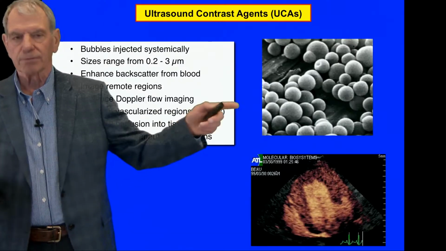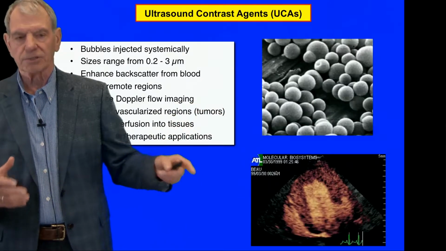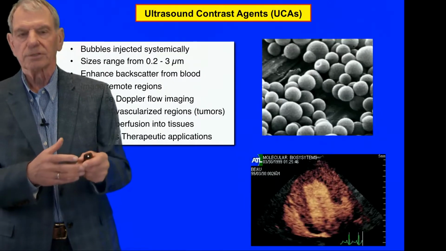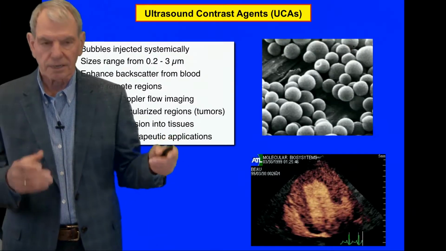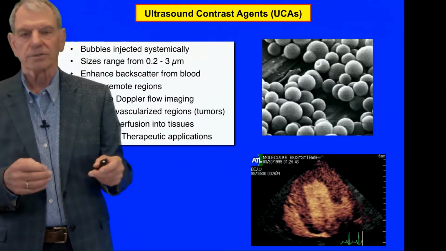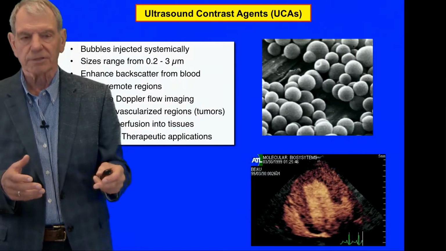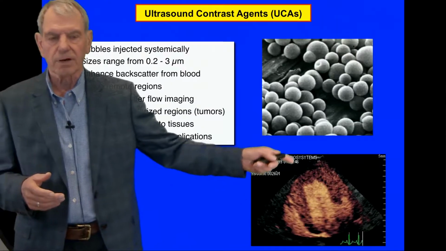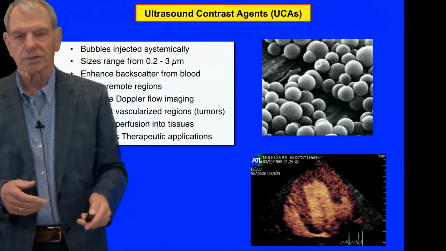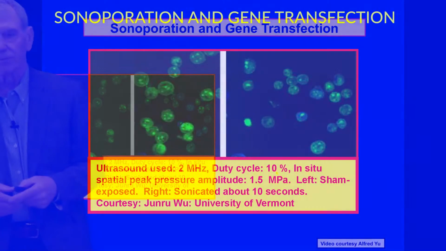Anyway, these bubbles, contrast agent bubbles, can be used to introduce or activate a biological effect in tissue, and then you can monitor this with diagnostic ultrasound. So let me give you a couple examples of that.